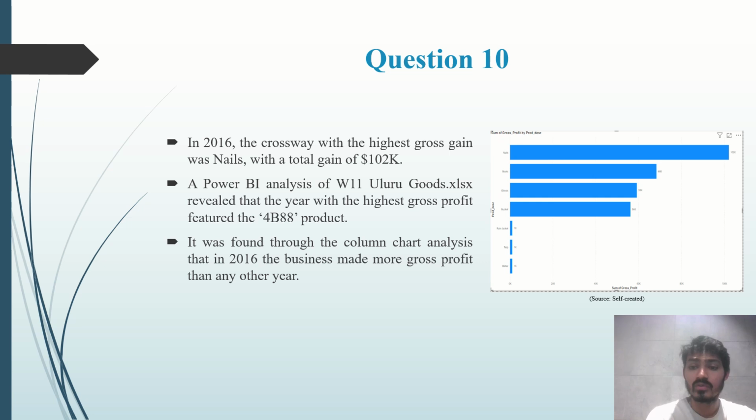If I move toward this one, it's a column chart which analyzes which year the business made more gross profit, so this year they made more profit compared to the other year.